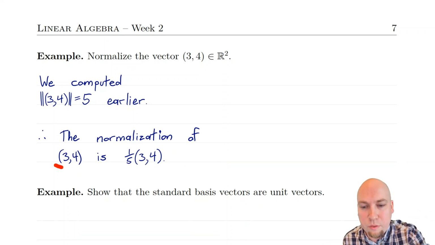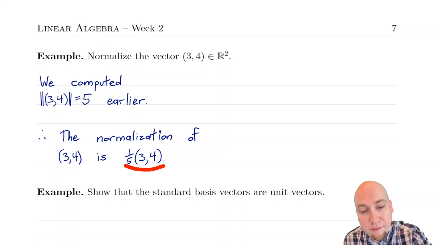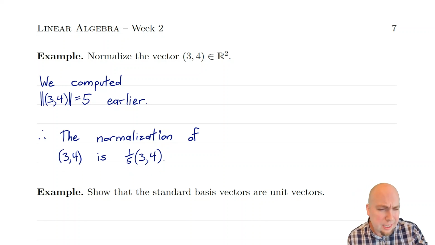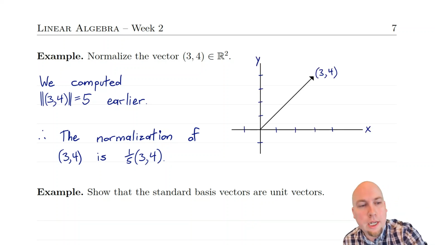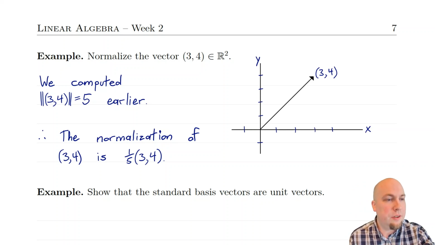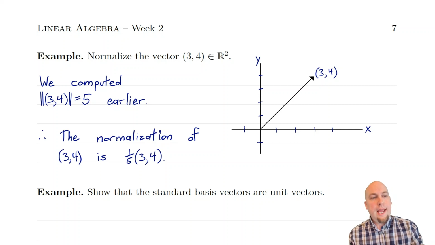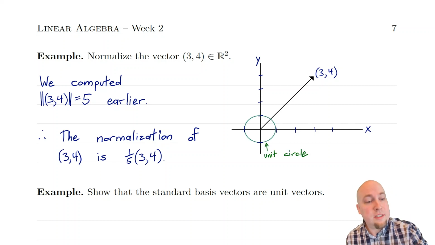The normalization of (3, 4) is the vector 1/5 times (3, 4). And if you like, you can pull that 1/5 inside, so the entries here are 3/5 and 4/5. Doesn't matter, same thing. Geometrically, what's going on here is we started off with this vector (3, 4) that points over 3 units and up 4 units, and we rescaled it so that it's on the unit circle.